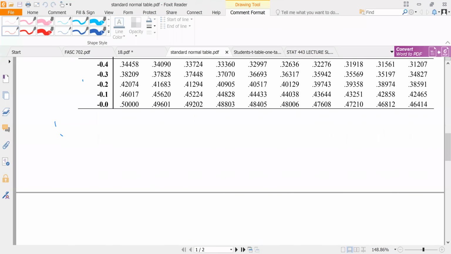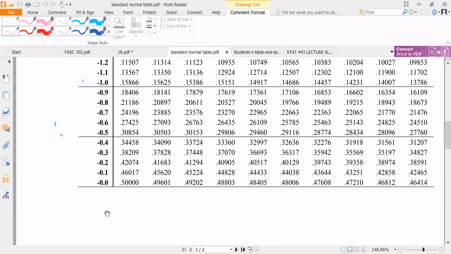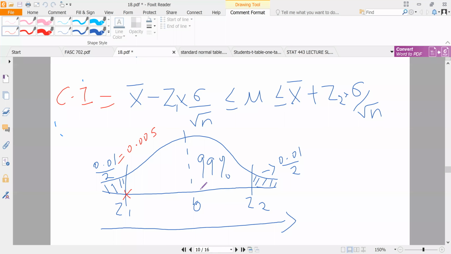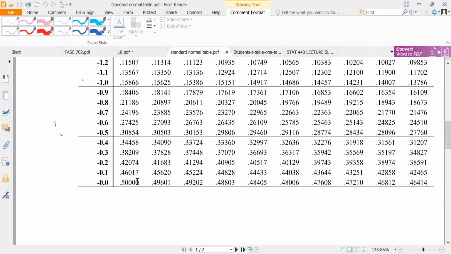Now, at the point 0, where the value of Z is equal to 0, the accumulated probabilities are exactly equal to 0.5, which is 50% of the probabilities in that curve. And that is what this illustrates.